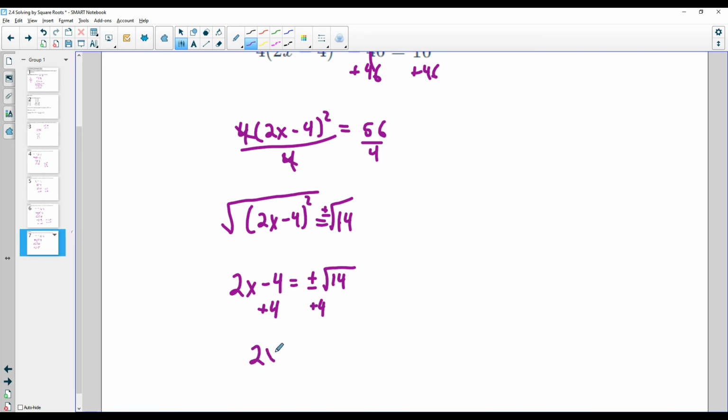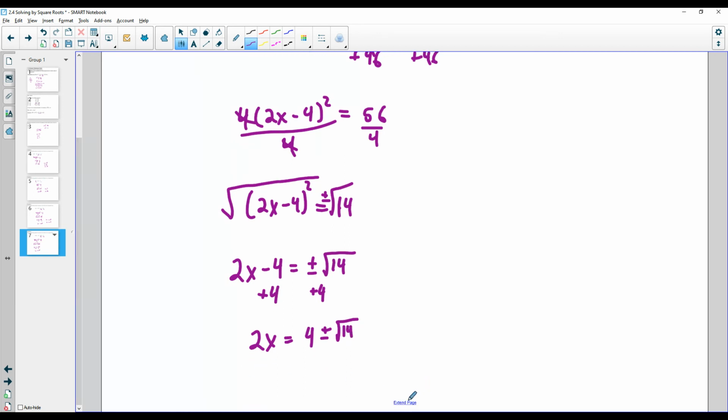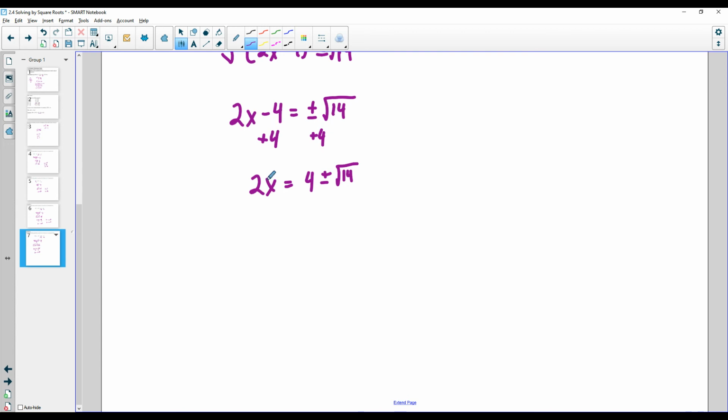So now I get 2x equals 4 plus or minus the square root of 14, which again, square root of 14 doesn't split up nicely at all. But now I need to divide by 2, so that I'm going to have x equals 4 plus or minus the square root of 14 all over 2.